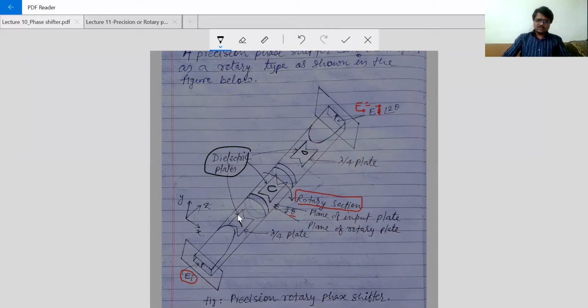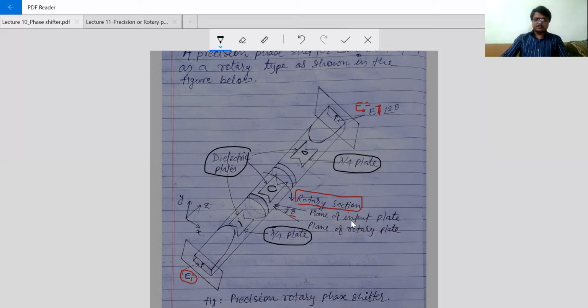The length of the input plate is lambda by 4, and the length of the output plate is also lambda by 4. And this central section, the rotary section, can be rotated. It has some mechanism by which we can rotate this central section. This is also a dielectric plate.